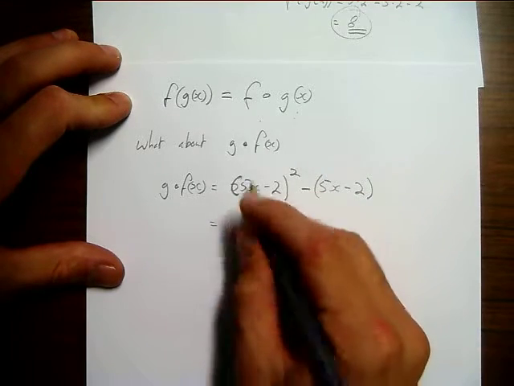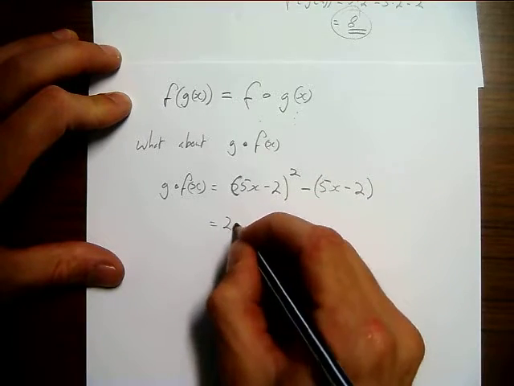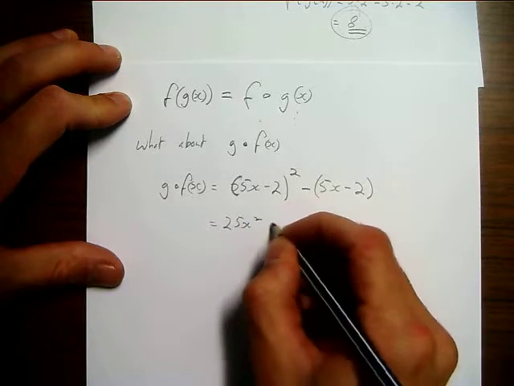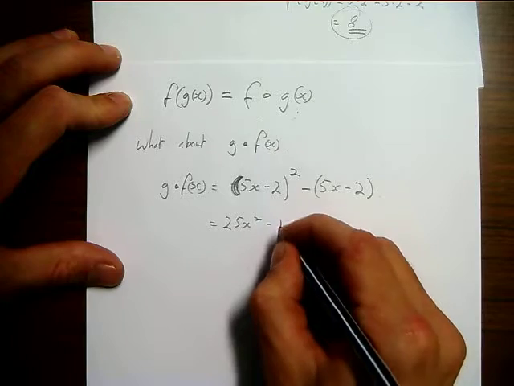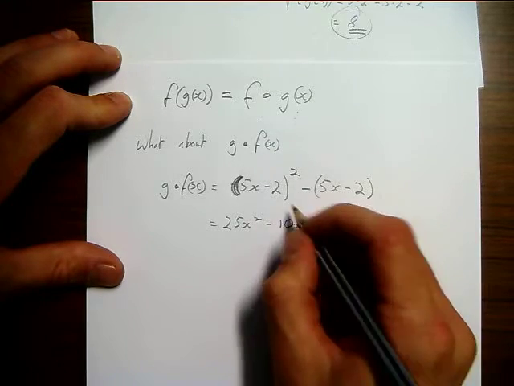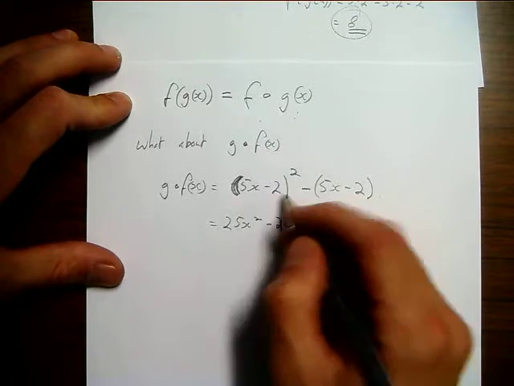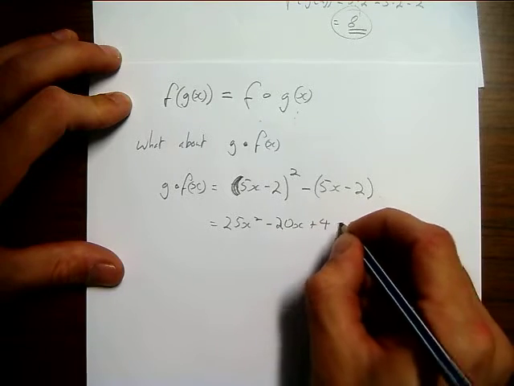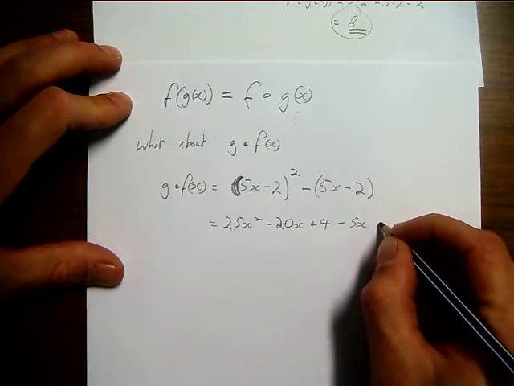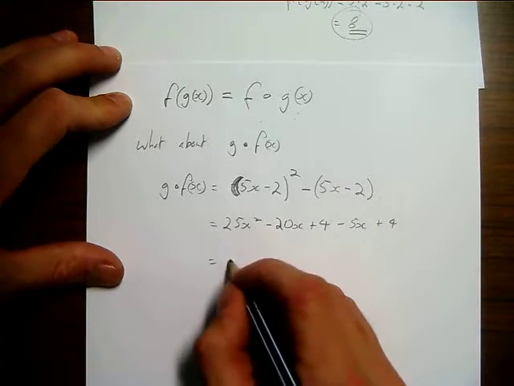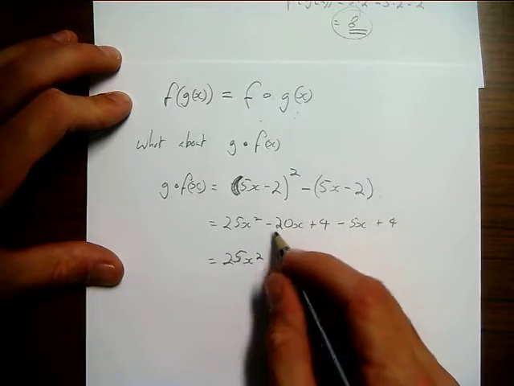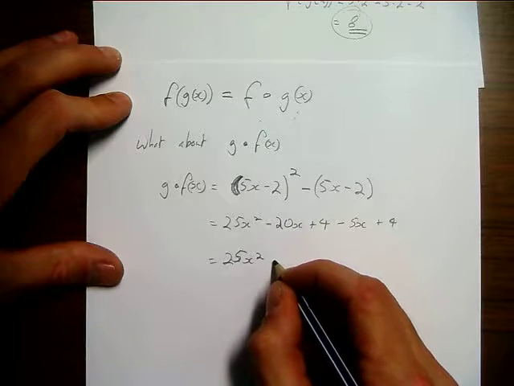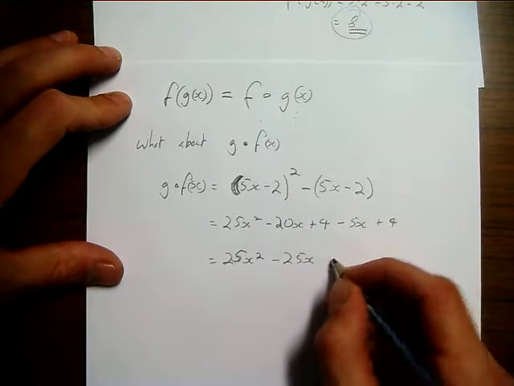which would be 25x squared take 20x plus 4 take 5x plus 4, which is 25x squared take 25x plus 8.